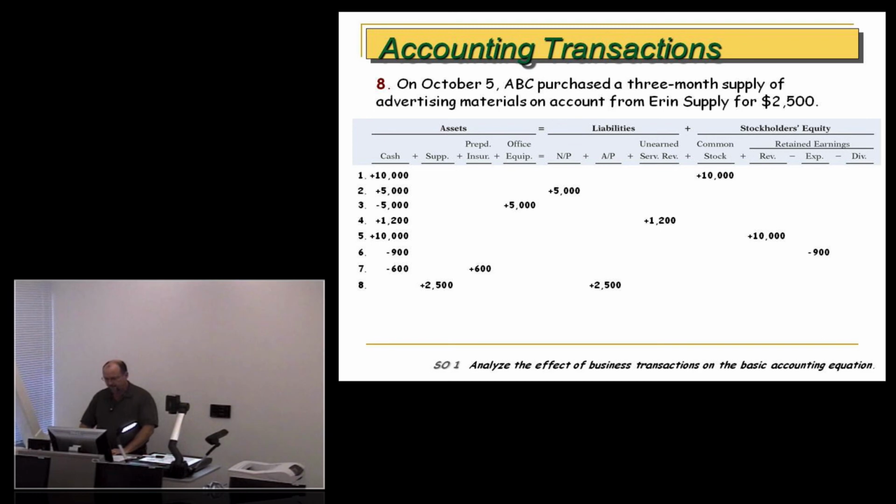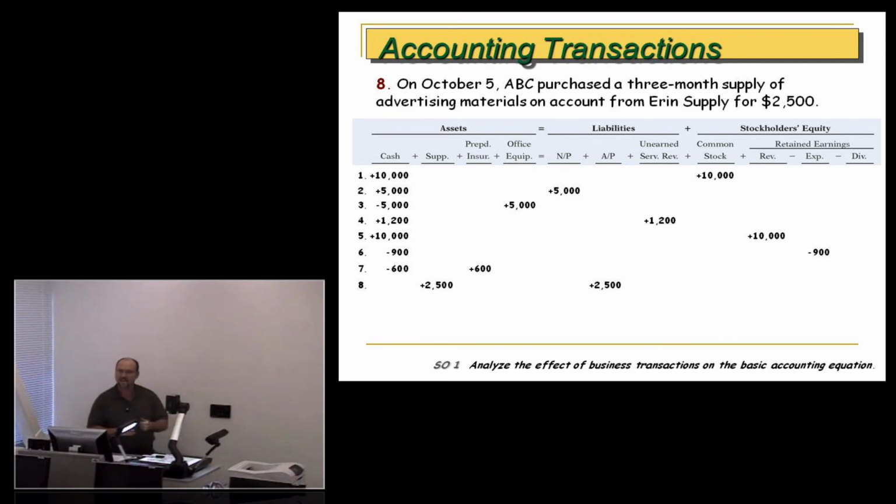On October 5th, ABC purchased a 3-month supply of advertising materials on account. I'm going to highlight these words here, on account. Whenever you see the words on account, that tells you that credit is involved. In this case, we purchased supplies on account from Aaron's Supply Company for $2,500.